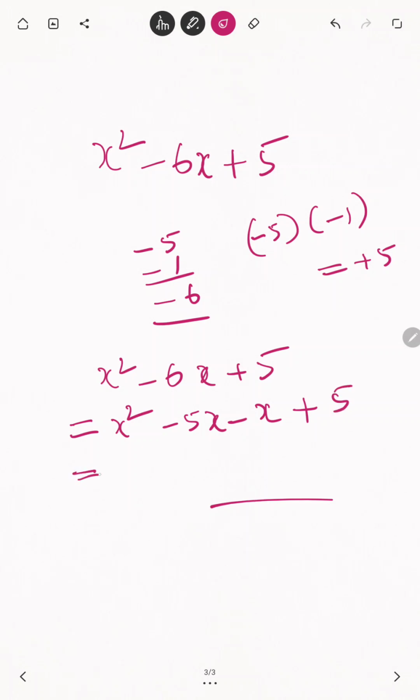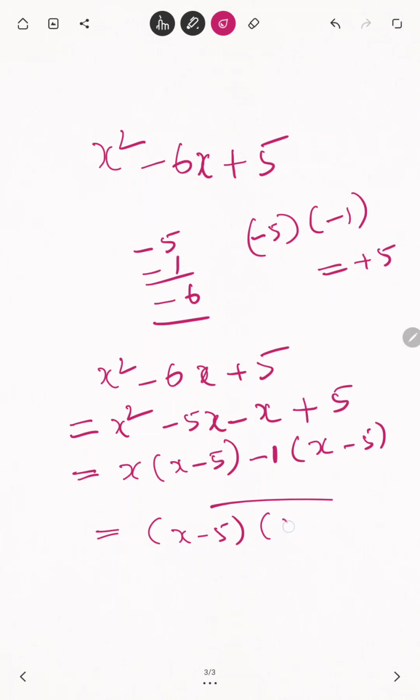In x square minus 5x, x is common, so it will be x minus 5. In minus x plus 5, nothing is common, so you take minus 1 as common. Then it becomes x minus 5. Then we get x minus 5 into x minus 1. I think you are able to understand this?